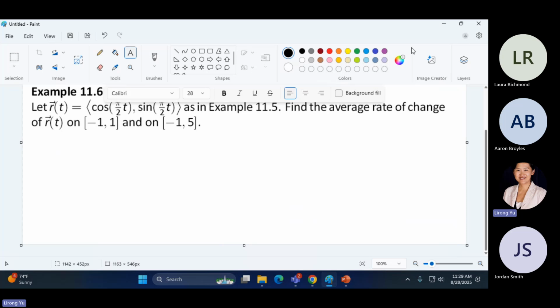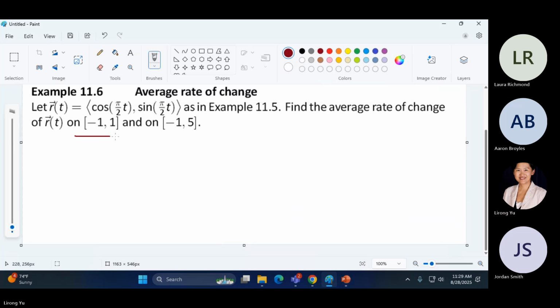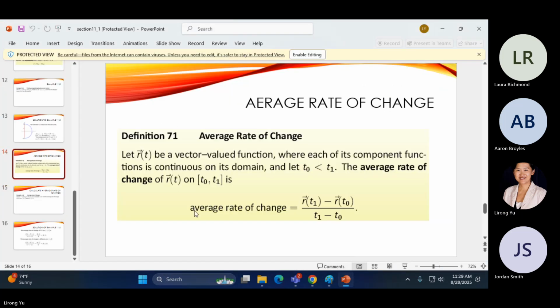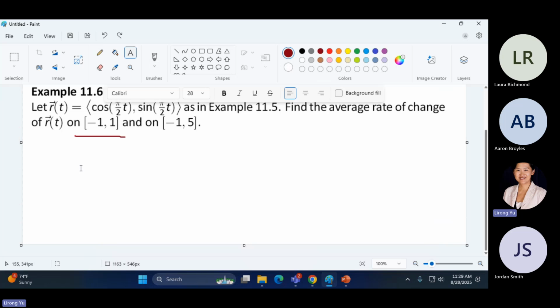Okay, let's start with the first one. There's no special notation, it's just called average rate of change, so I'll just call it R. We follow the definition closely: R(1) minus R(-1), these are vector-valued functions, divided by 1 minus -1.